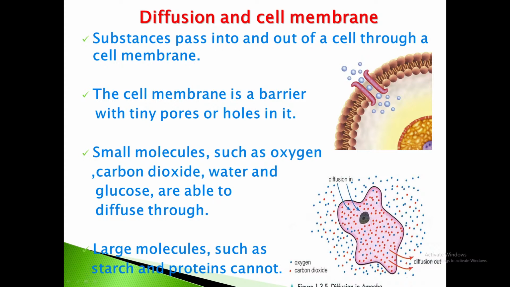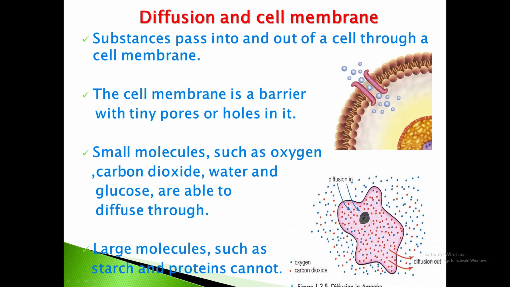Now looking at the red dots, which represent carbon dioxide, you will realize that we have more inside the cell than outside. The red arrow is showing diffusion out. The fact that there is more carbon dioxide inside the cell simply means that diffusion will allow carbon dioxide to diffuse out of the cell.